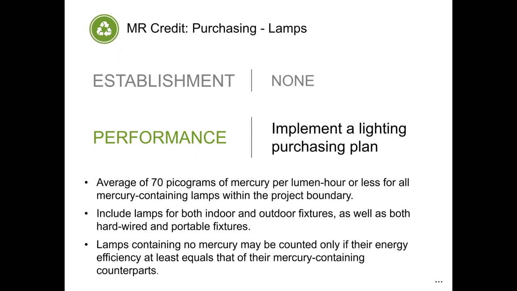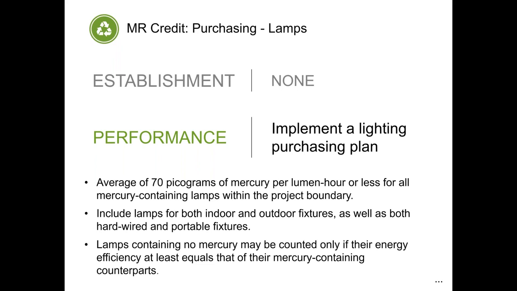You want to show an average of 70 picograms of mercury per lumen hour, so that's the unit, picograms per lumen hour or less, for all mercury containing lamps in the project boundary. This includes indoor and outdoor fixtures, as well as your hardwired and portable fixtures.